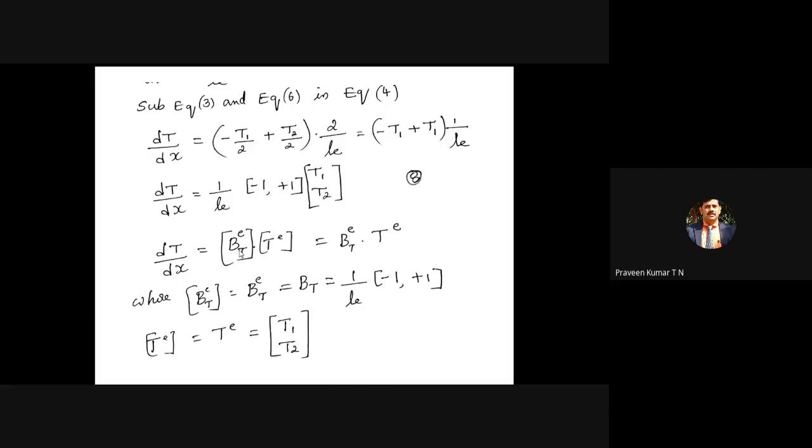To differentiate the B matrix for the bar element and the heat transfer element, we give the subscript T. T refers to thermal or heat transfer. Into this is 1 by le minus 1 plus 1, that is the B matrix for the bar element, into the temperature vector. T1 and T2 are the elemental temperatures or nodal temperatures for the element.